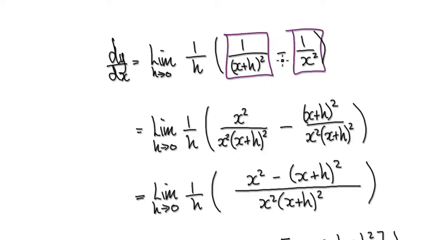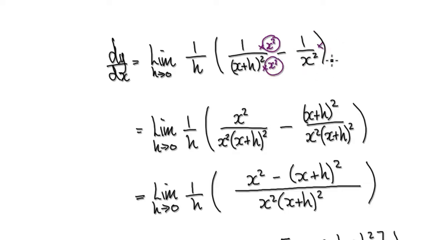In order to add or take away fractions, you've got to get the two denominators to be the same. So here you would times top and bottom by x squared, and then for this fraction times top and bottom by this denominator, so it will be (x plus h) squared. So multiply that by (x plus h) squared.